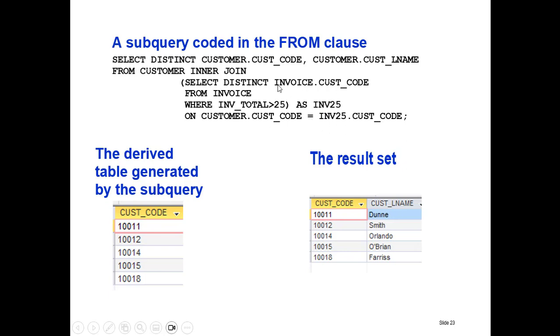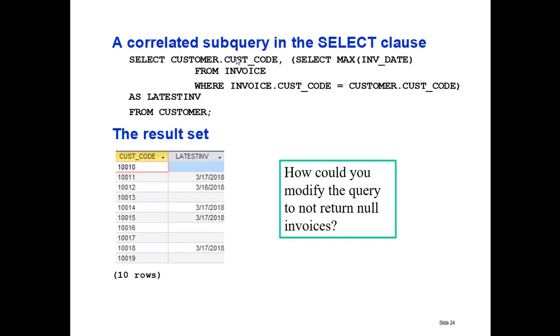Let's match it up. Here's your first table. Here's your second table. And here's the on. And this is the result set. Returns this. And that's the result set. So here is a select. Now in the select clause, it's going to return exactly one value, the highest invoice date. Now, it's a correlated subquery.